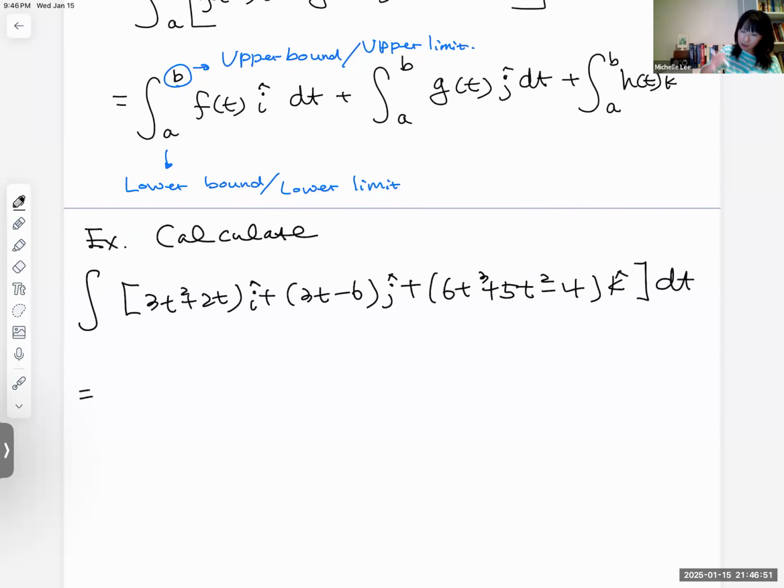So we split: integral of 3t squared plus 2t dt i. I have a weird notation, so let me double check.